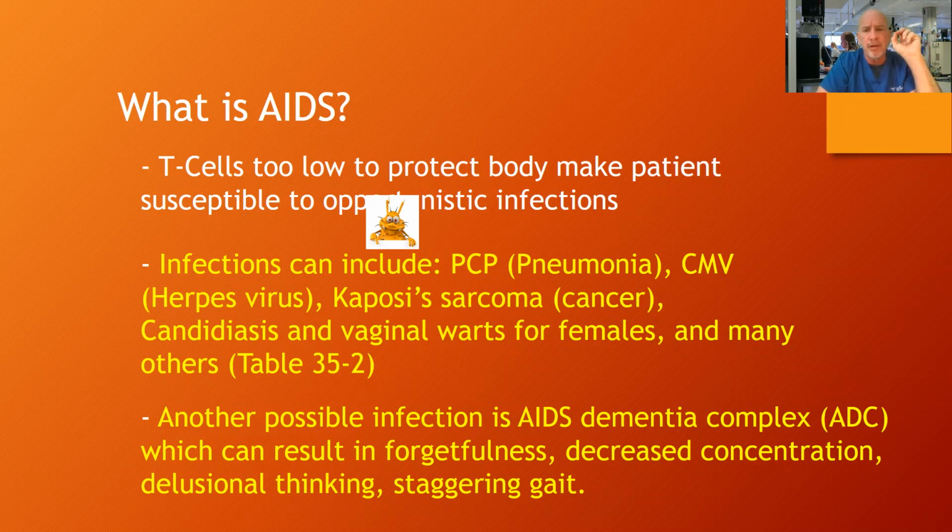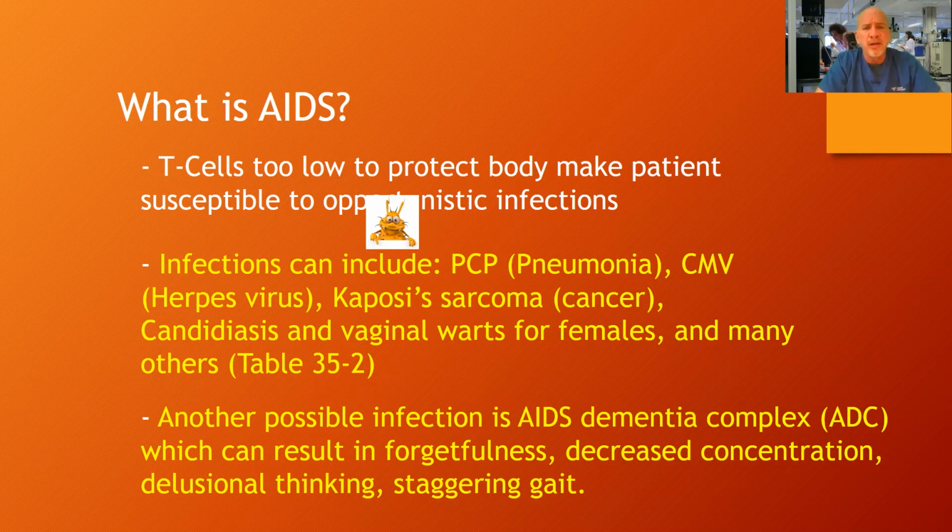Probably the most common infection that is the most fatal is pneumonia. I can't remember what PCP stands for. I think it's Pseudomonas carinii, and I can't remember the rest of it. It's in the big book if you want to look it up.